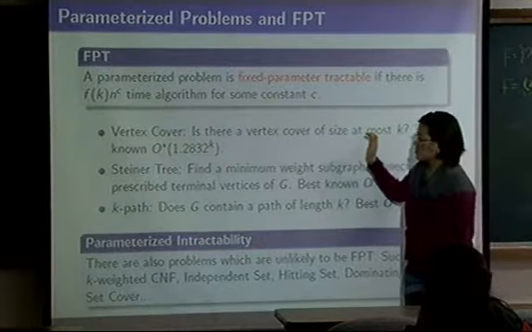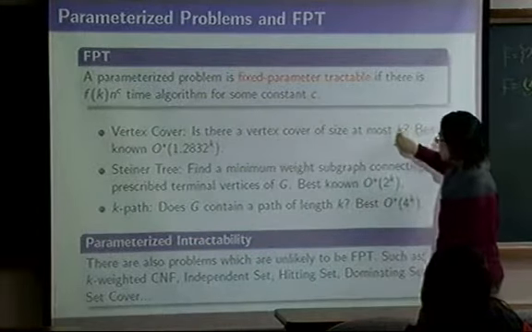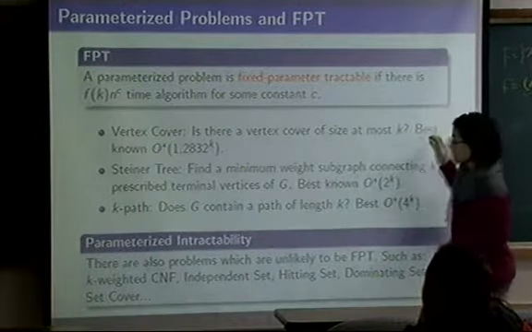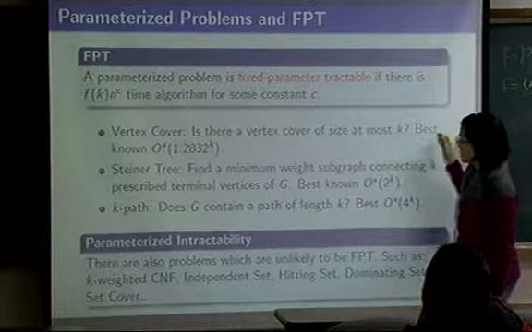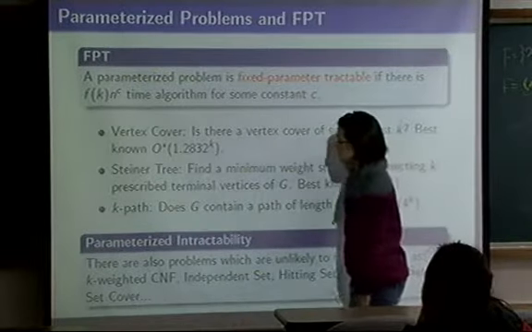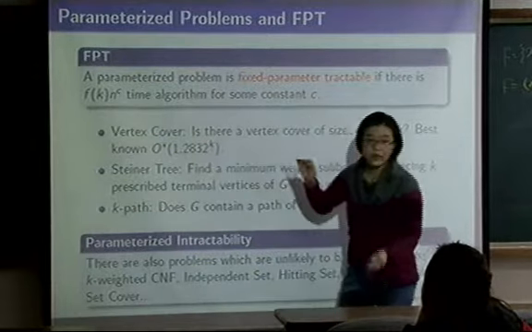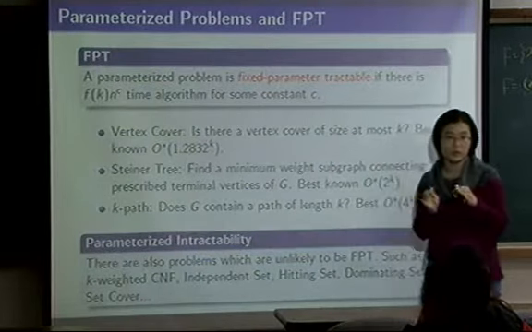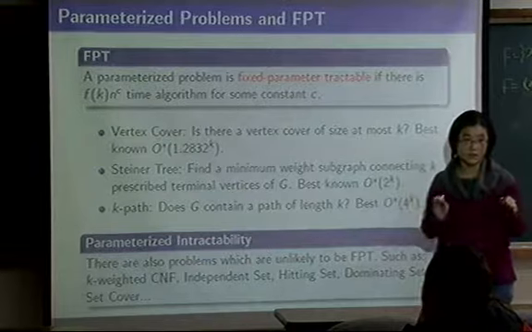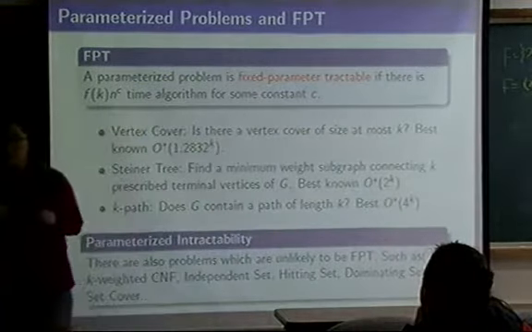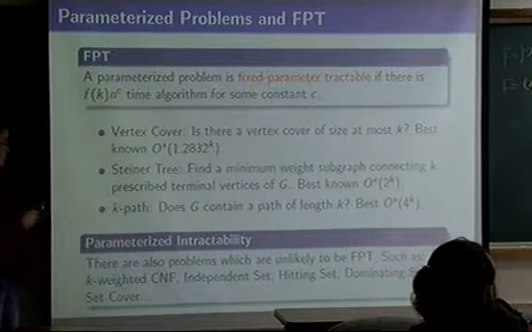And the natural parameterization here is k. The best known algorithm for vertex cover is of this form. So if k is usually quite small relative to the size of the whole graph, then in practice this algorithm can run quite fast.